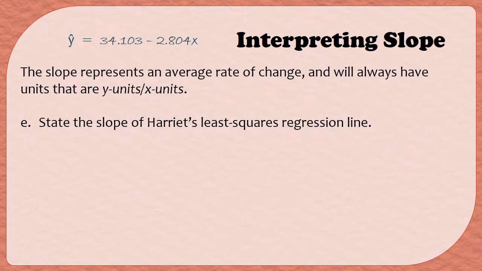So our slope is going to be an average rate of change. We're going to find the slope of Harriet's least squares regression line. To do that, you want to find the value in the equation that's the coefficient of x. In other words, what's the number just before the x in the equation? In this case, it's negative 2.804.